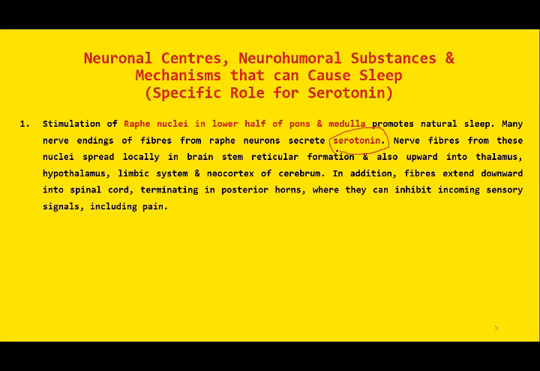This is the substance which promotes sleep. And from where is this neurohormonal substance released? This is released from the Raphe nucleus. The Raphe nucleus is located within the brainstem, especially the lower part of the pons and the medulla oblongata. And these Raphe nuclei are responsible for the release of this neurohumoral substance, serotonin.